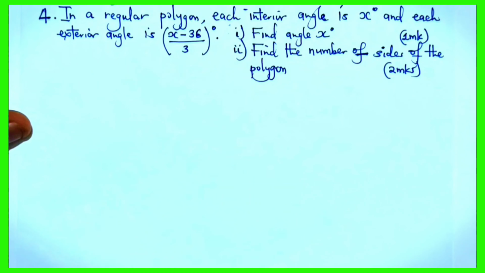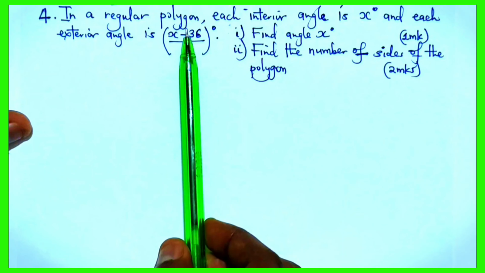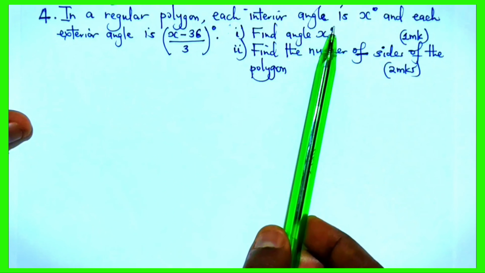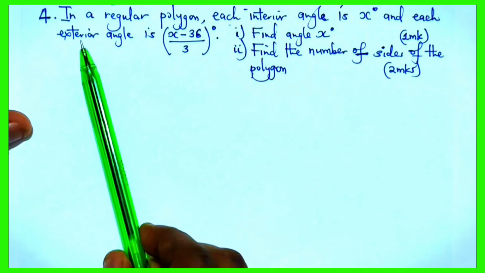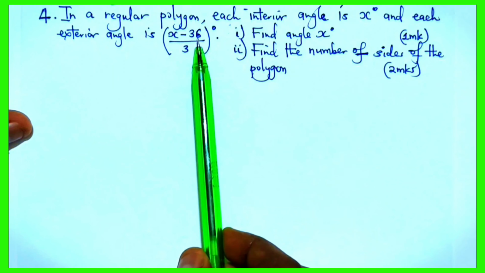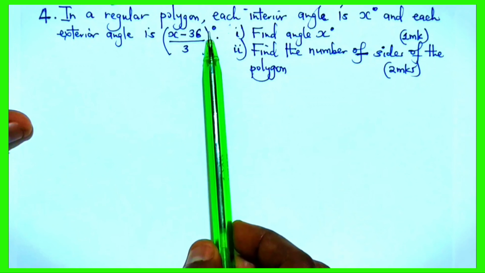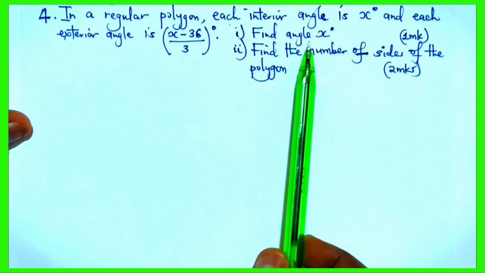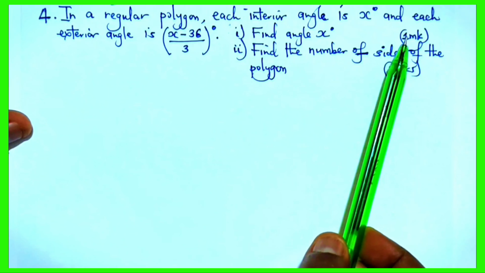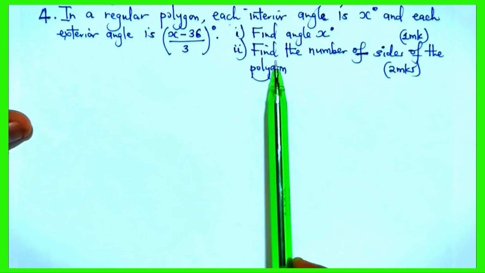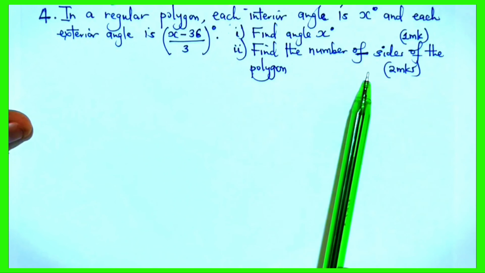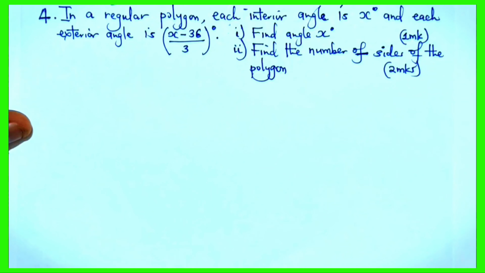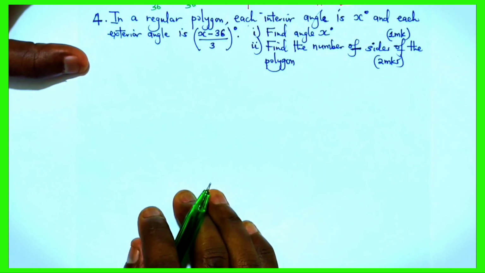Question 4. In a regular polygon, each interior angle is x degrees and each exterior angle is (x minus 36) over 3 degrees. Find angle x degrees, 1 mark. And then the second question, find the number of sides of the polygon, 2 marks. Solution.